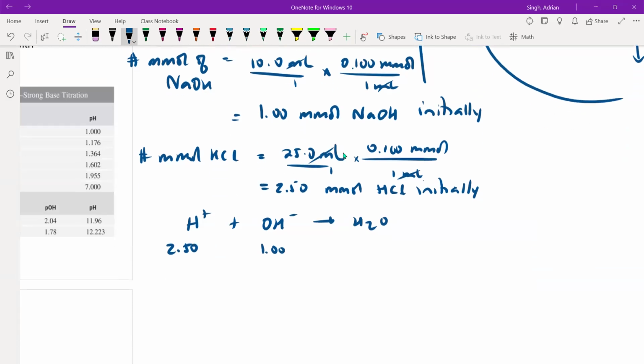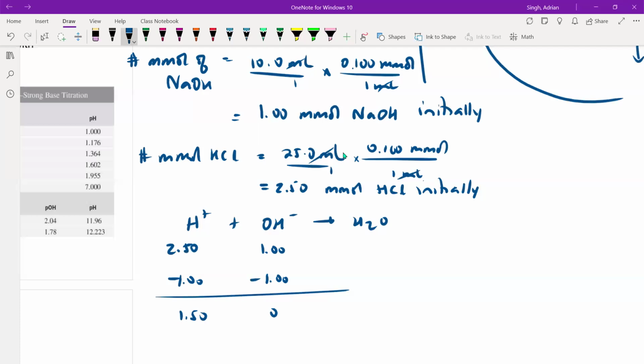When this reacts, obviously I'm going to have some of the H+ left over. I'm going to use up all of the OH-, so I end up with 0. I subtract that, and I end up with 1.50 millimoles of the H+.